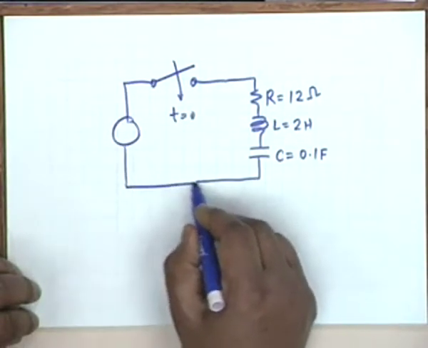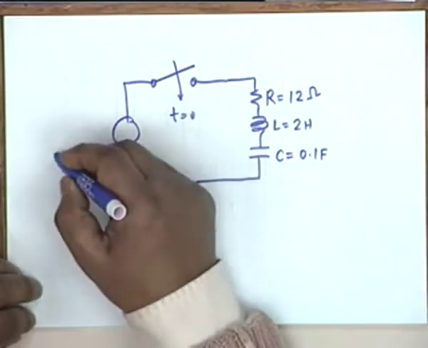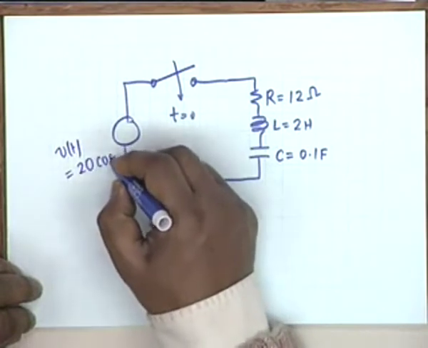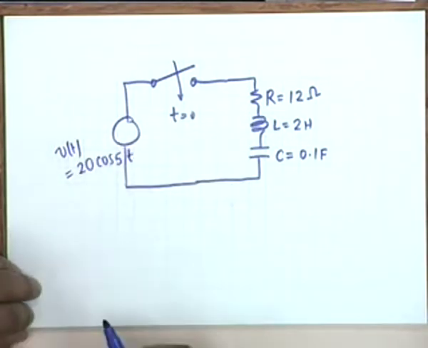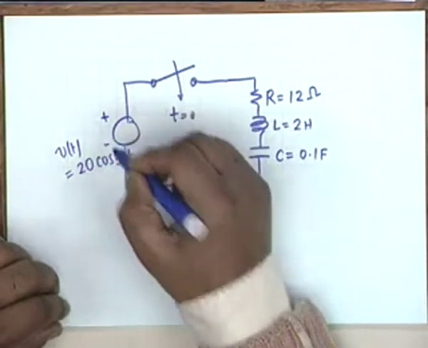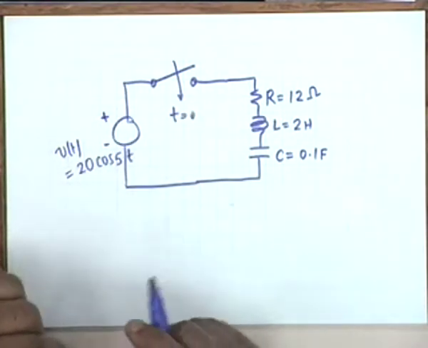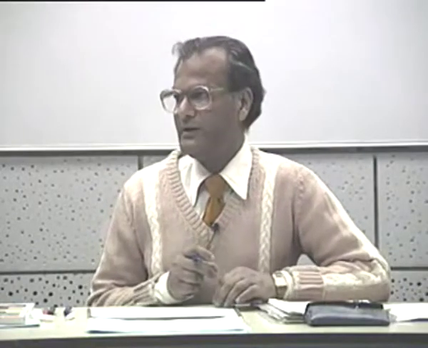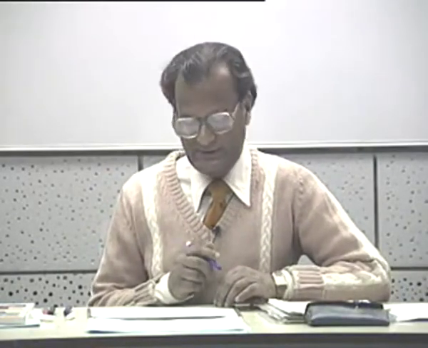Now no longer have we applied a step voltage, because V of t now is sinusoidal, 20 cosine 5t. This is the voltage. In other words, here we shall have to solve for both In of t and If of t. All right.